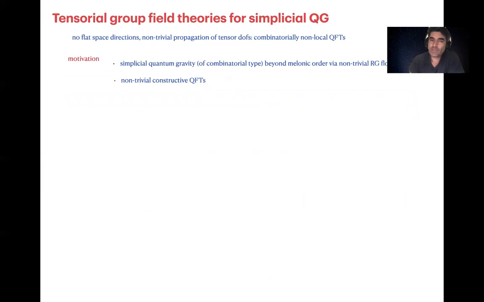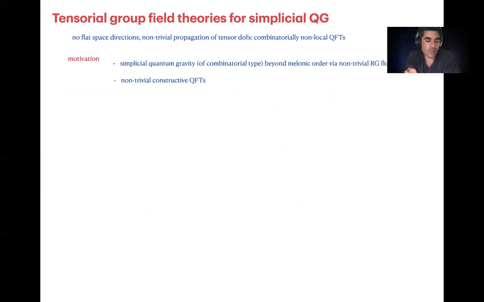The motivation is, first of all, that already extending random tensor models to proper field theories, there is a hope to go beyond the melonic order thanks to a non-trivial RG flow.